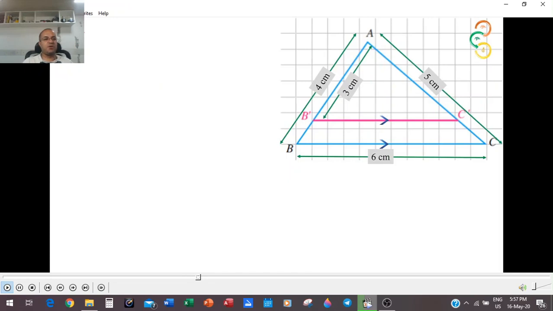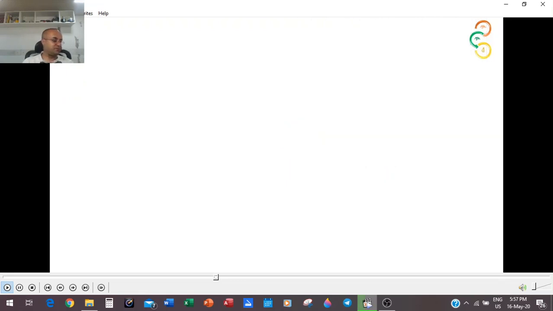We take the ratio B prime C prime over BC, which is equal to 3 over 4, and we substitute BC by 6, since BC is equal to 6, and we get B prime C prime equal 18 over 4 by cross multiplication, which is 4.5, or 9 over 2. So this is the solution for application 1.